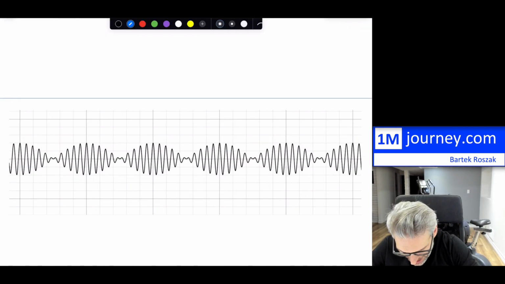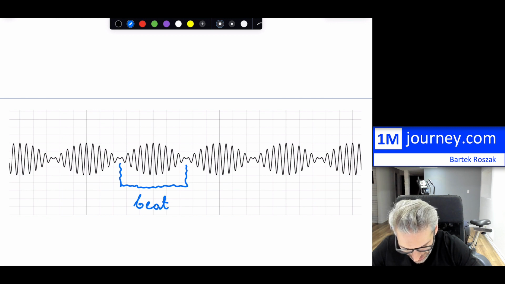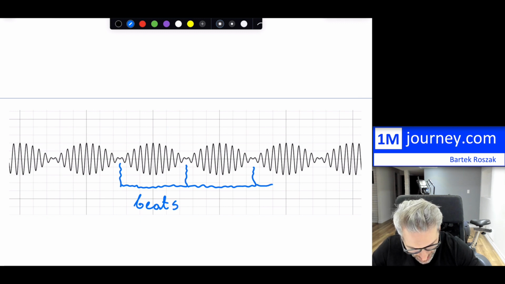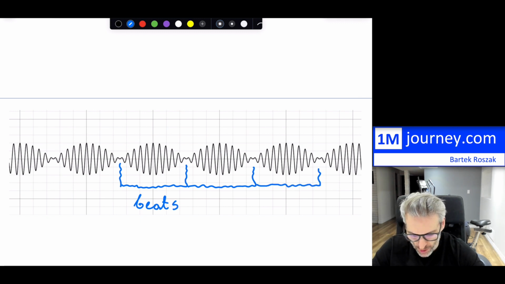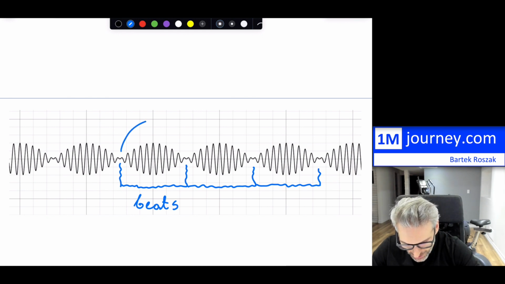From this point all the way to this point would be called a beat. And all of these, as you continue on, create beats, meaning that we have many of these beats. And notice that they are periodic.